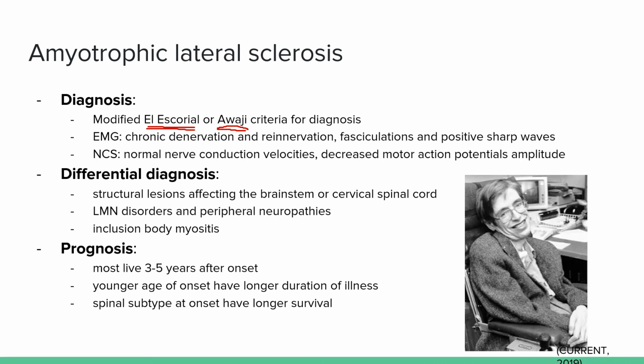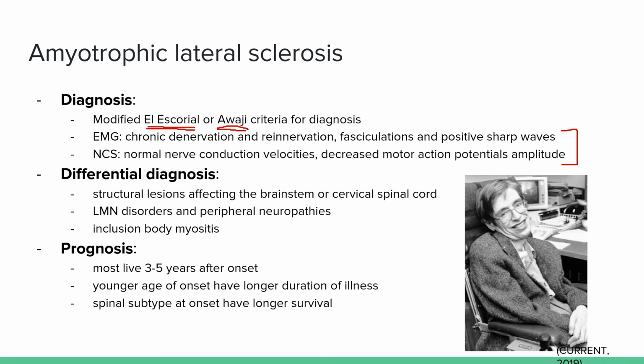We expect to find a chronic denervation and reinnervation pattern, fasciculations, and positive sharp waves, but normal nerve conduction velocities and decreased motor action potential amplitude. This helps us for the diagnosis. The differential diagnosis of this disease is mainly structural lesions affecting the brainstem or cervical spinal cord, lower motor neuron disorders and peripheral neuropathies, and inclusion body myositis.